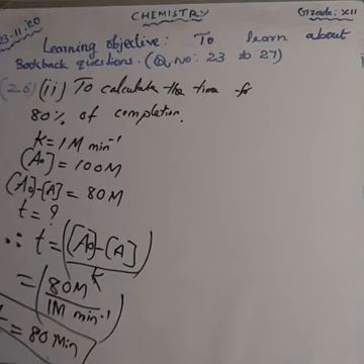Here, the EA value, the activation energy of the reaction, is 22.5 kilocalories mole inverse. First you have to convert it into calories by multiplying by 1000. Next, the temperature is 40 degrees Celsius.